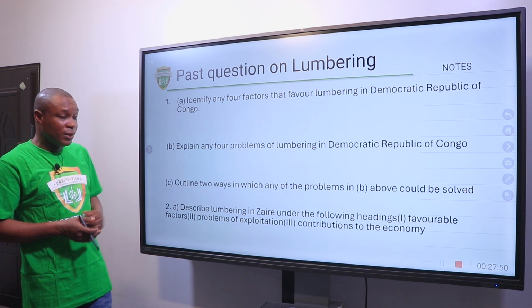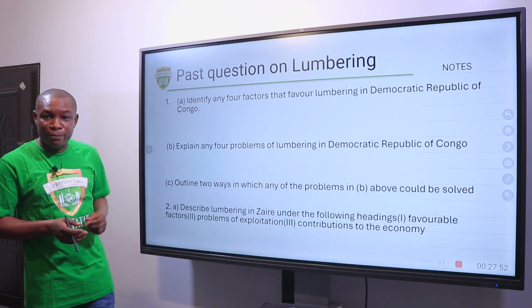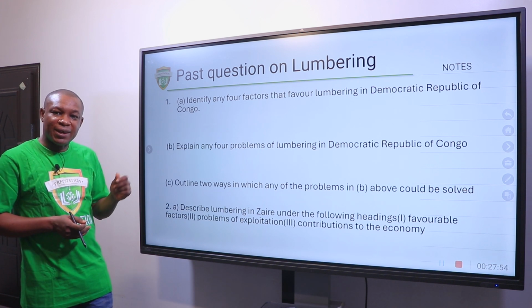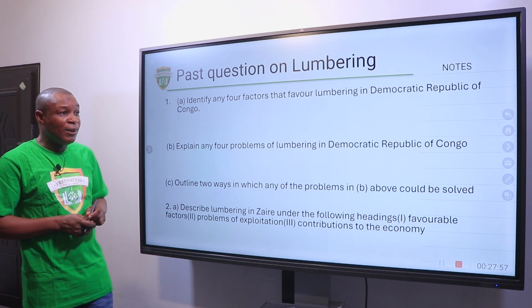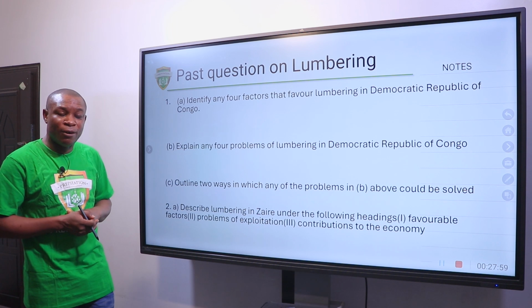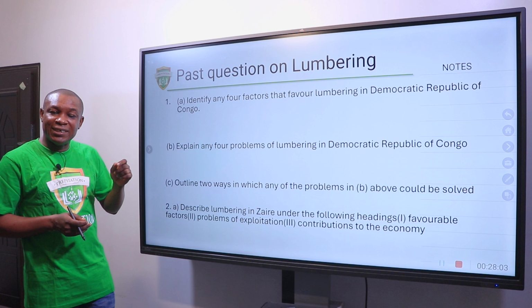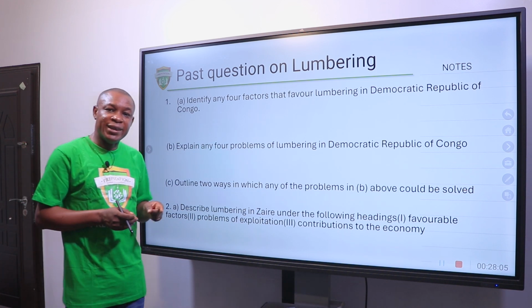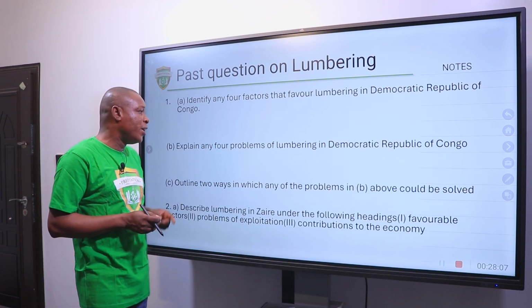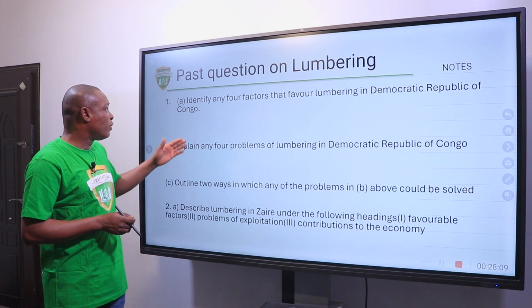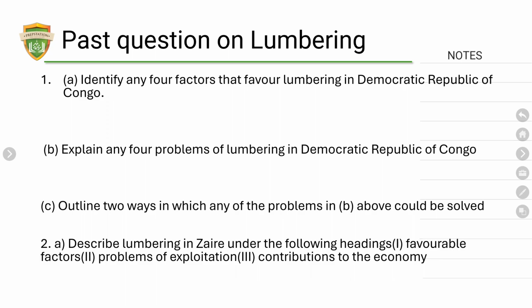This past question has to do with lumbering. Recall, lumbering is the felling down of trees for economic benefit, and this activity is common in the tropical rainforest. So the question here is, identify any 4 factors that favor lumbering in Democratic Republic of Congo.